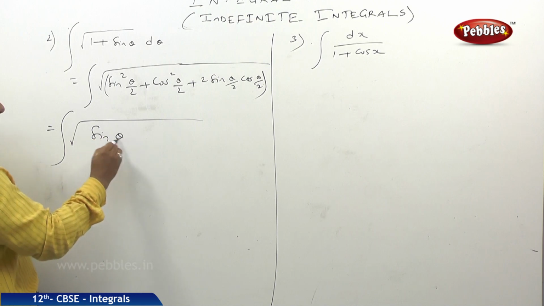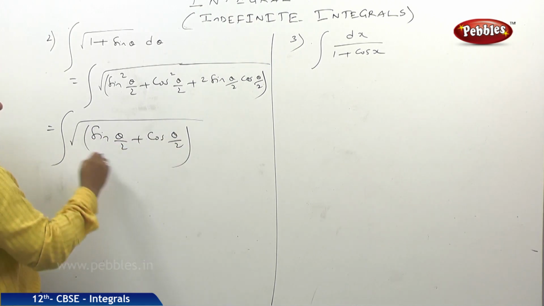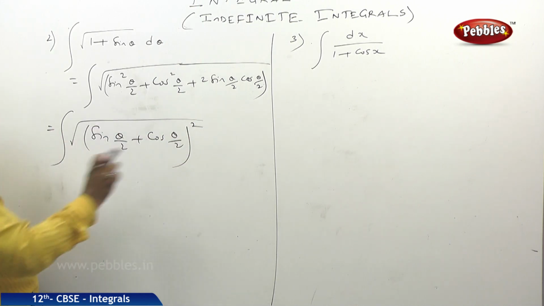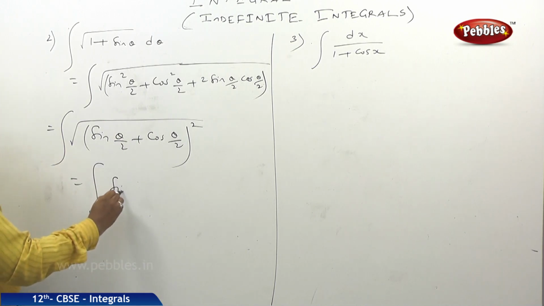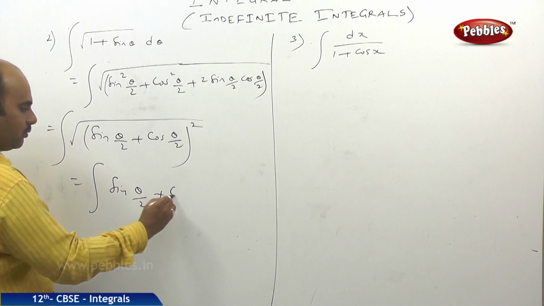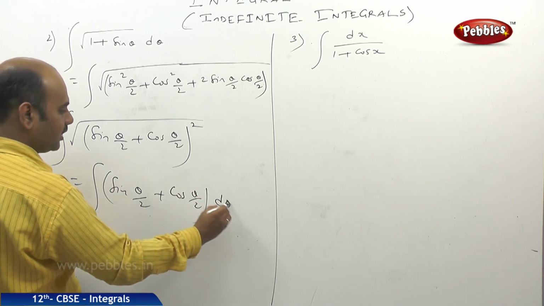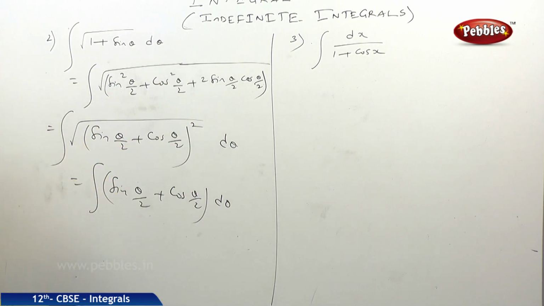So sin theta by 2 plus cos theta by 2 whole square. But here there is a root, so the root and the square will cancel. Finally there remains sin of theta by 2 plus cos of theta by 2, and outside is d theta, because everywhere theta is there.